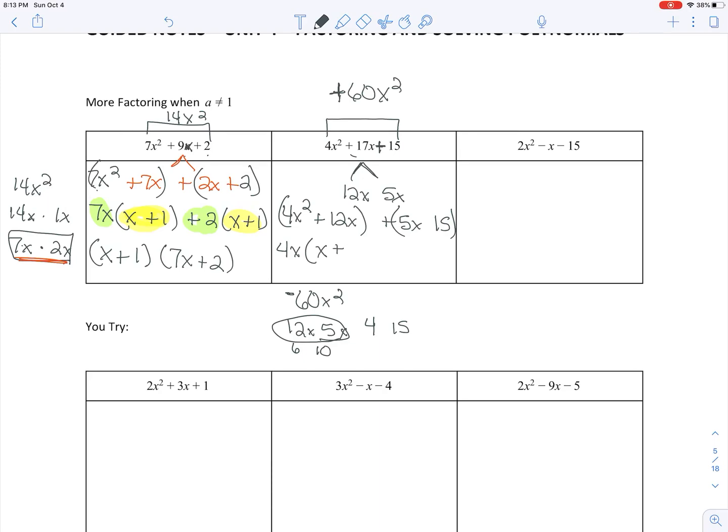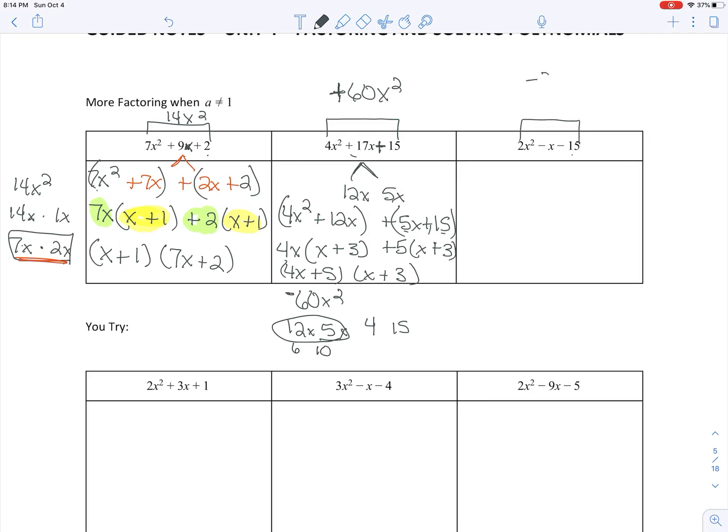That leaves me x plus 3. My GCF here is 5. That leaves me x plus 3. So that becomes 4x plus 5, x plus 3. Okay, sorry about that. On your sheet, when you get this, it will be corrected.